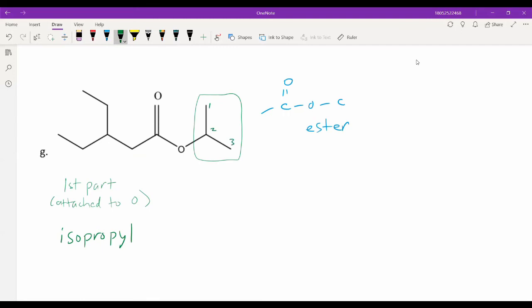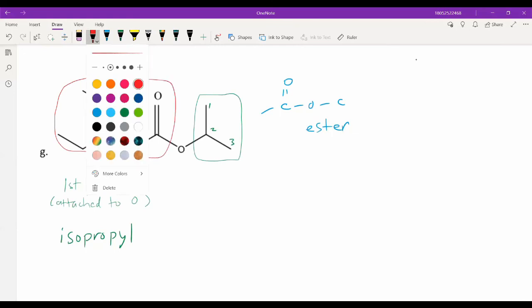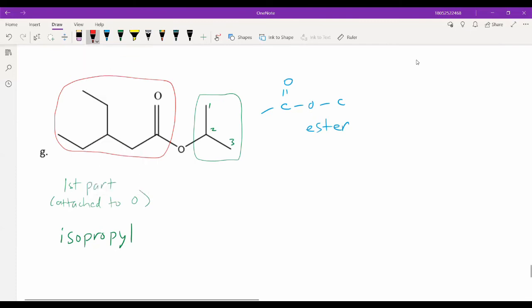But branched off the middle one, so it's not propyl, it's isopropyl. There's a space, and then the rest of the molecule is the second part. So the second part includes the carbon double bonded to the O.